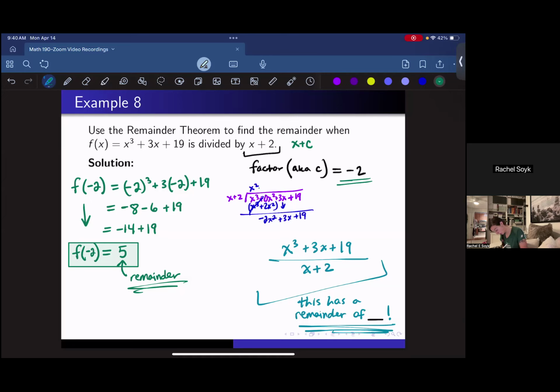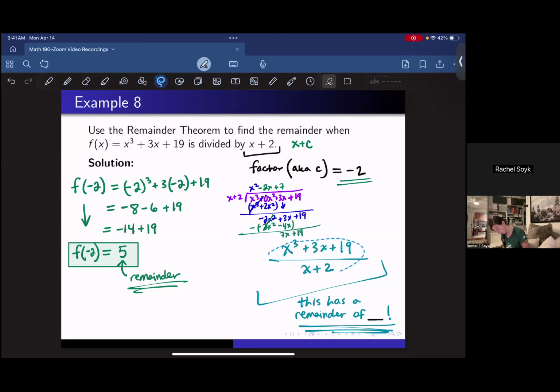Then we have a -2x, subtract, so we get 7x. And then we have a +7.